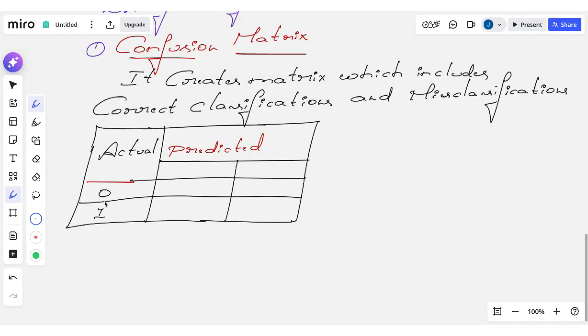Actual values are 0, 1, predicted values are also 0, 1. So what will the confusion matrix do? It gives a matrix like this, and now it's going to fill it with correct predictions and wrong predictions.